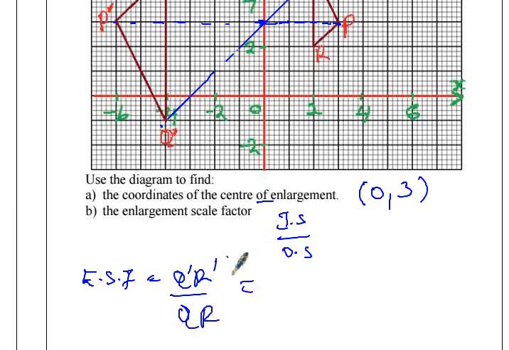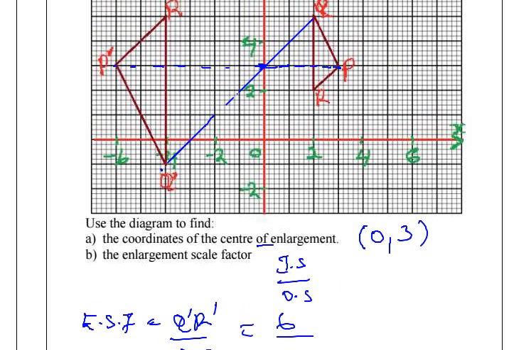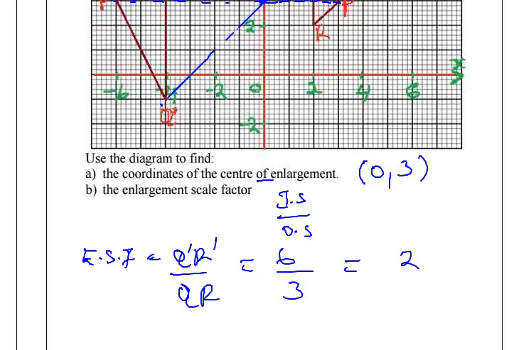From the diagram, I've counted that Q prime R prime is 6 units, whereas when I look at QR, I can also count 1, 2, 3, so 6 out of 3, and this gives me a 2.